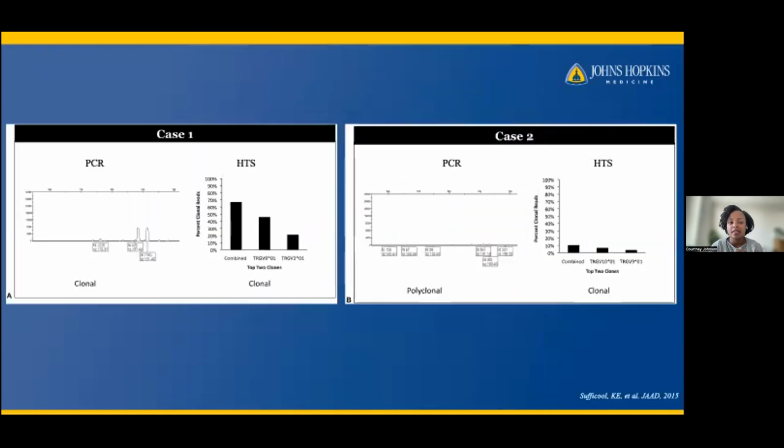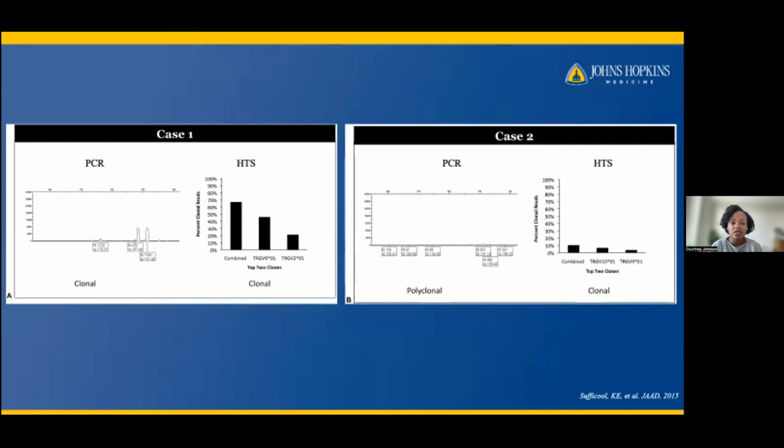And so I really like this figure here from this paper that shows how clonality can be masked by gel electrophoresis and PCR. So in case one, there are sufficient copies of DNA to detect two clonal populations. And this really does correlate with what you see in the high throughput sequencing findings.